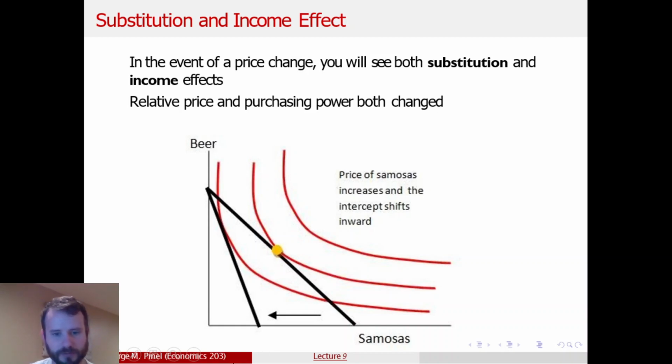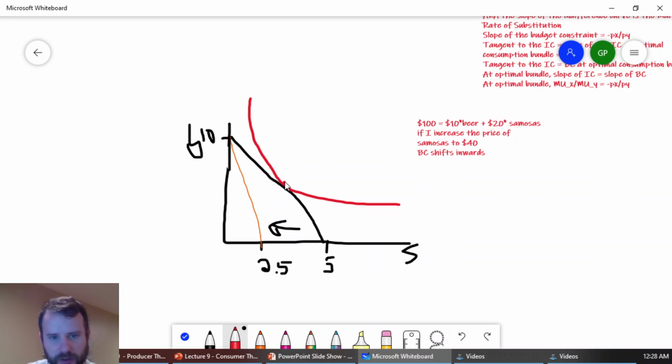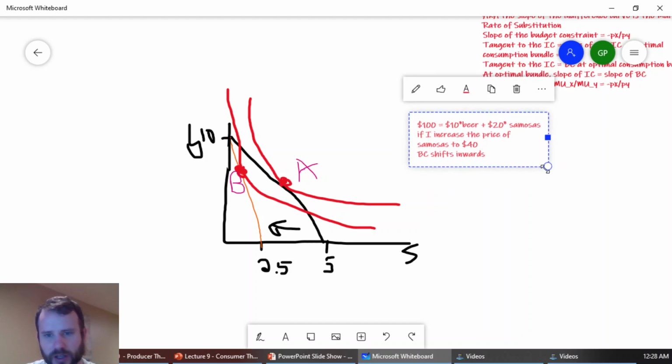Okay, so let me draw this over yonder. So if I have this here, and then I have a parallel budget constraint here, and I'm going to call this point A, this point B, and apologize for the bad handwriting.